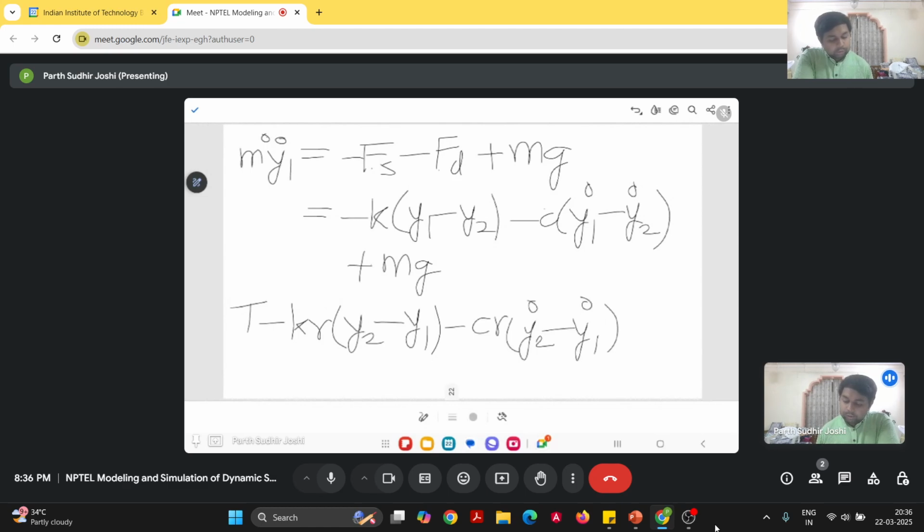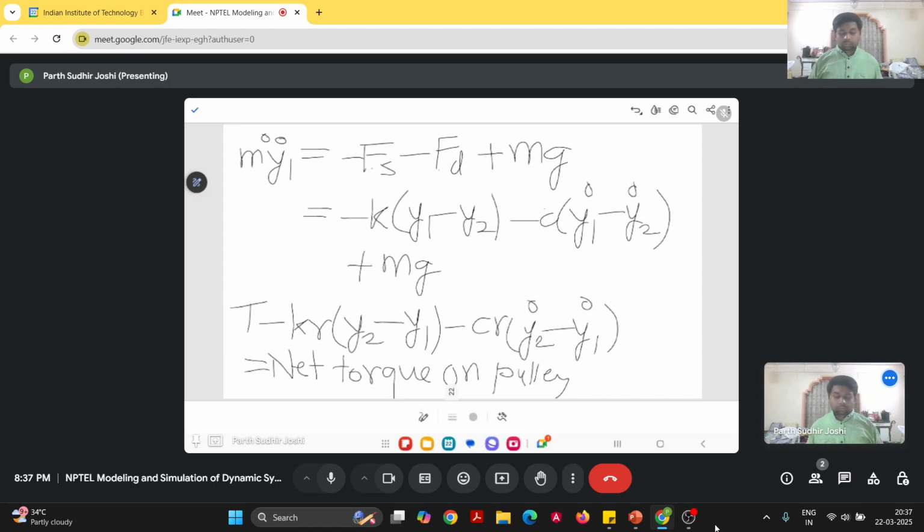So this is the expression for the net torque on the pulley, which is I into omega dot. So this is how we can derive the expression for the net torque on the pulley and the equation of motion for the mass.